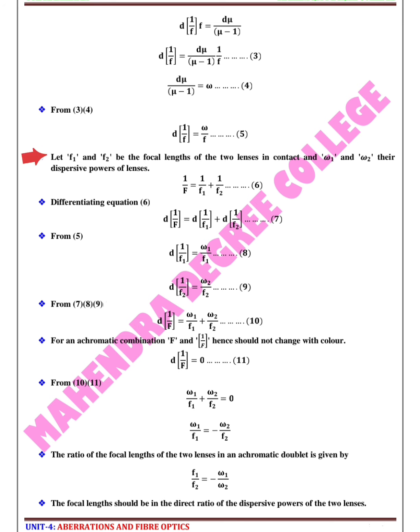Let f1 and f2 be the focal lengths of the two lenses in contact, and omega 1 and omega 2 their dispersive powers. 1 by f equals 1 by f1 plus 1 by f2. This is equation number 6.